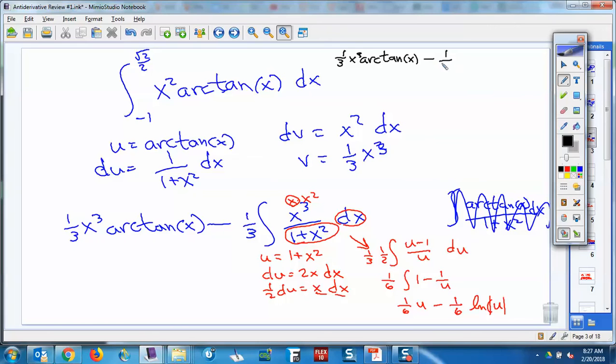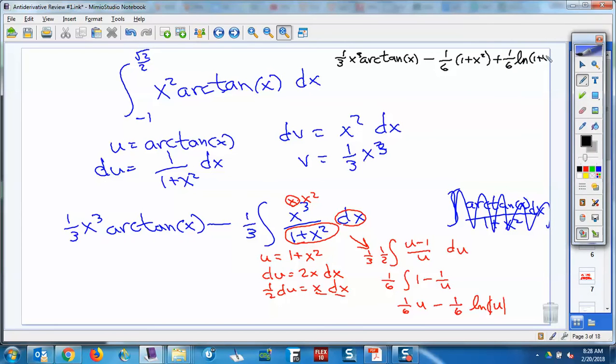So that was 1/6 the 1 plus x squared, and then a minus. Is that going to be a plus now? Because I got to distribute this minus. So it's going to be a minus 1/6, and it's going to be a minus a negative 1/6. So it's going to be a plus 1/6 ln, and then that's 1 plus x squared. I don't need the bars because it's positive.